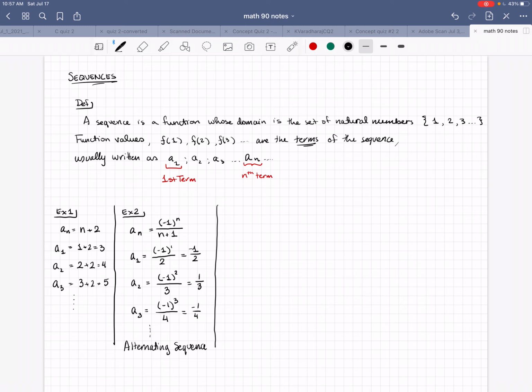Another kind of way to define a sequence, and we'll look at two different examples of this, is something that's called recursively defined.